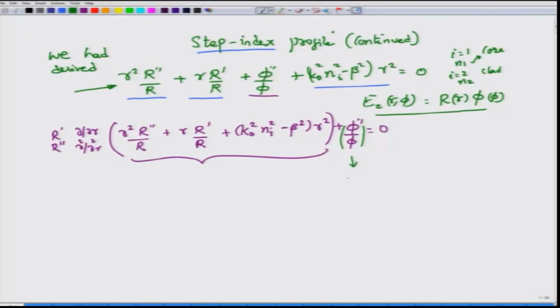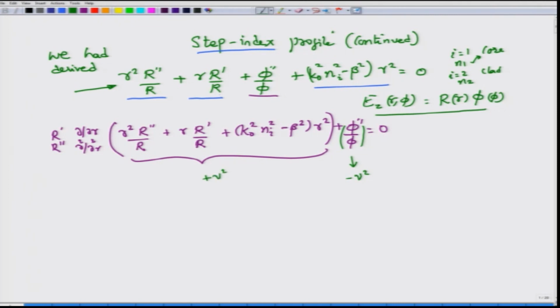But you have a term which is completely a function of r, and a term which is completely a function of phi, and for all values of small r and small phi, the sum of these two functions must be equal to 0. The only way that this can happen is when this is separately equal to some constant and this is separately equal to the opposite of that constant, correct.